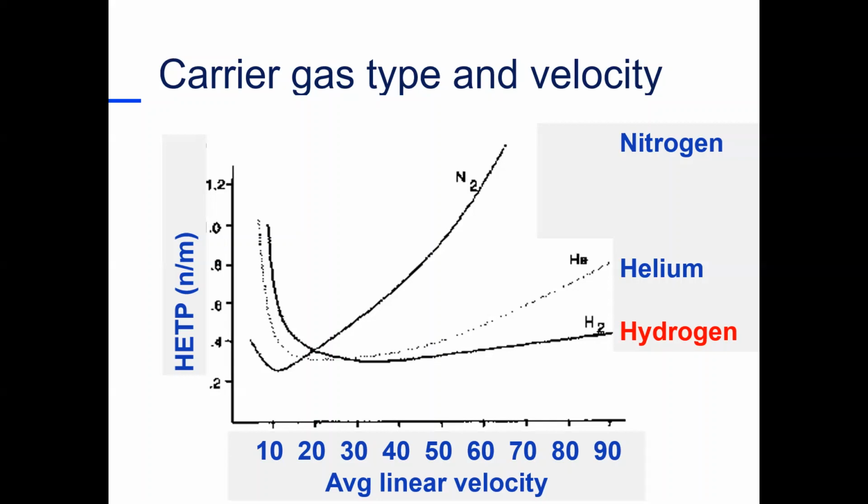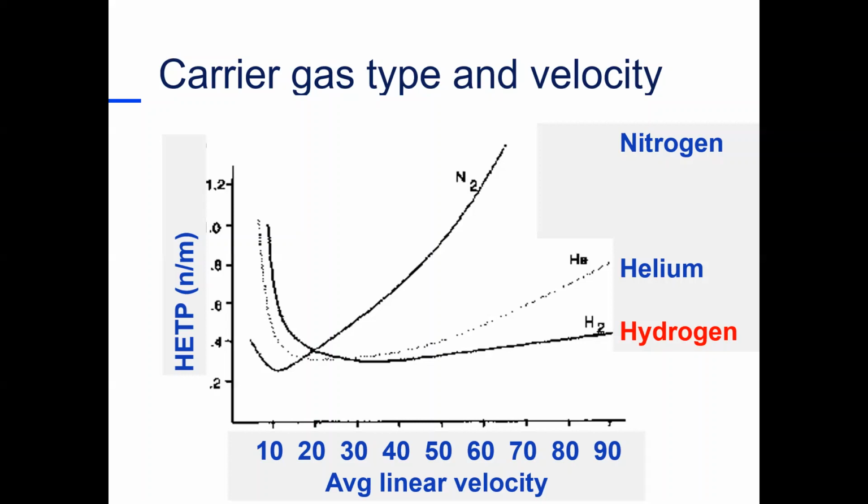But this says, how fast is that gas moving through the column? How much time is this going to take? If this is going at 10 centimeters per second, it's going to take me a long time to get this compound out. My separation is going to take a long time. If I can boost it up here, well, let's get up to 60, 70, 80 centimeters per second. It takes 1/8 of the time to run it at 80 centimeters per second versus 10.